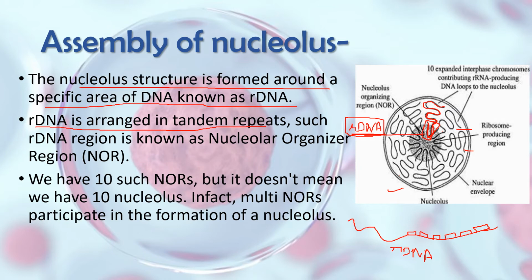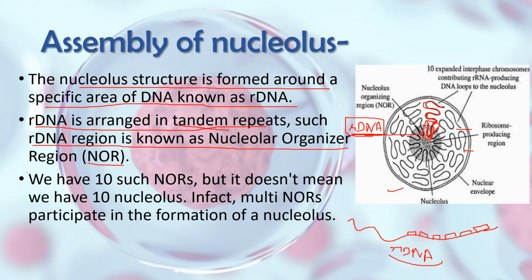So these small stretches of genes grouped together form rDNA, and these are the tandem repeats. Such an rDNA region is known as the nucleolar organizer region, or NOR.